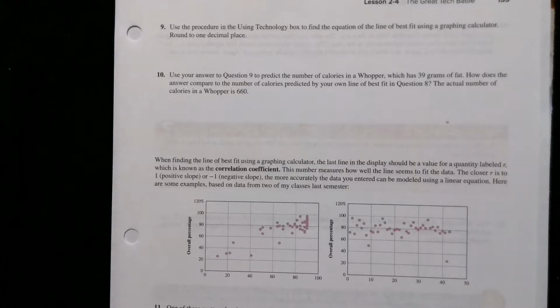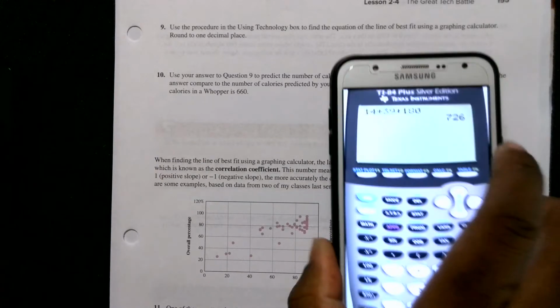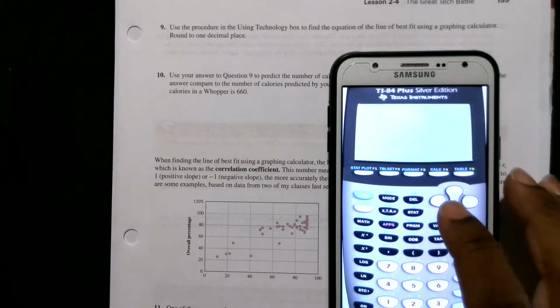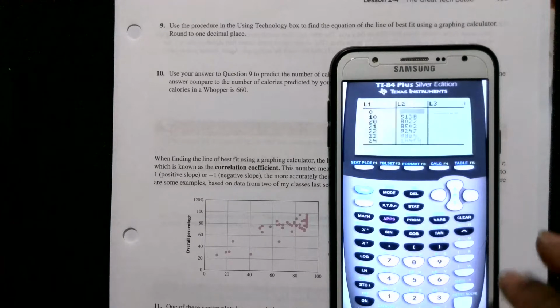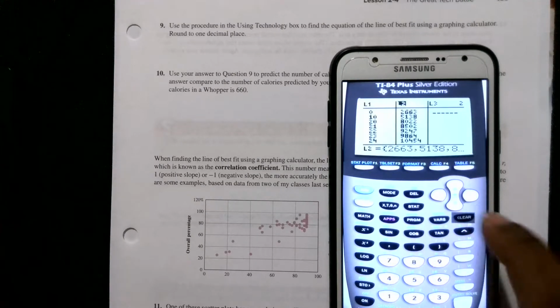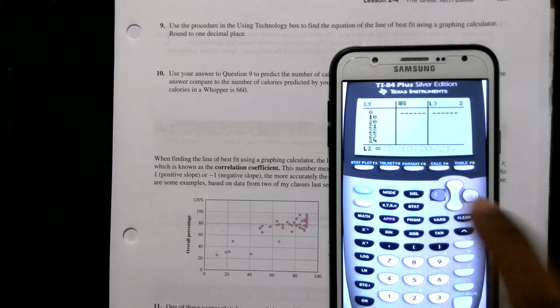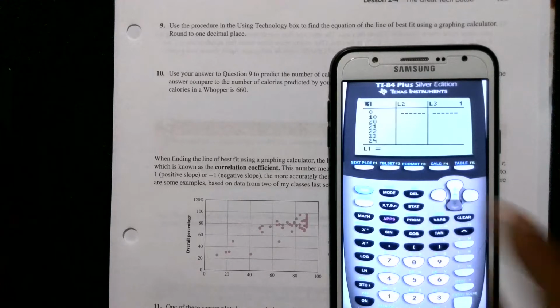Round to 1 decimal place. Okay, so this is what we need to do. We need to go to our calculator and we will press the stat key. You'll press enter, go up and clear out L2, go down, go to the right to L1 and clear out L1.